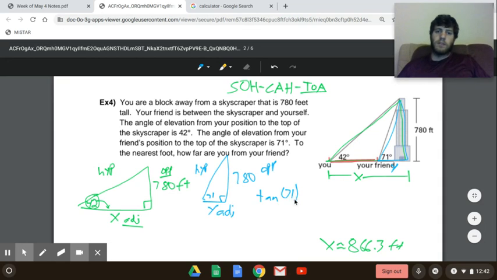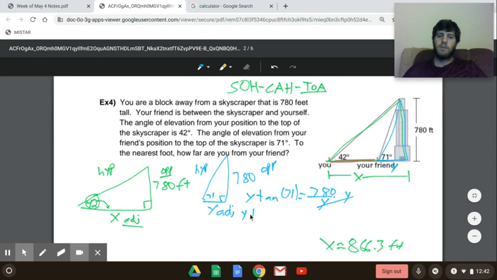So that's going to be 780 over y. Multiply both sides by y. You get y times tangent 71 equals 780. And then you divide both sides by tangent 71.